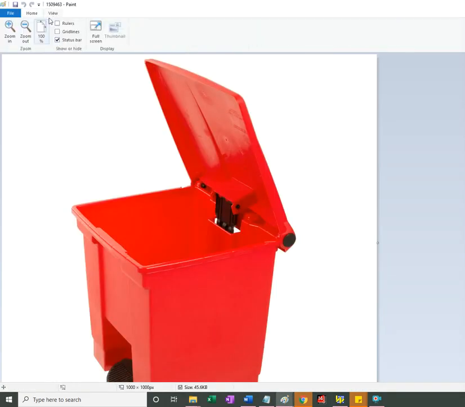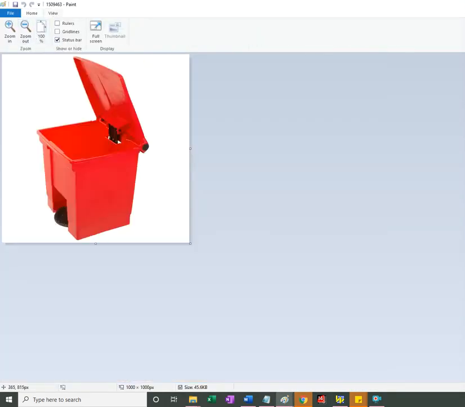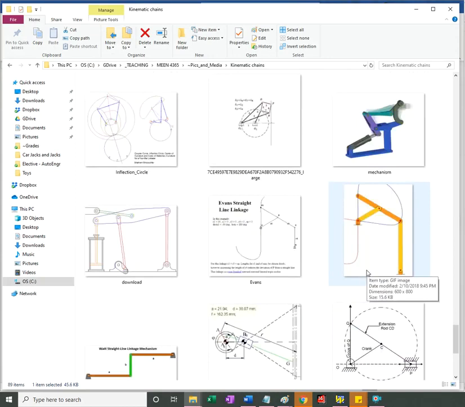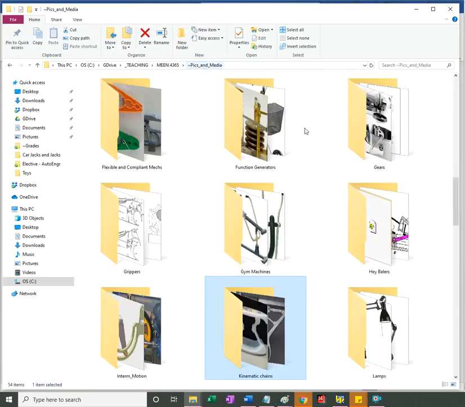For sure, it's a 4-bar view where you have the pedal travel and you have the lid travel of a trash can, and there is a 4-bar inside that you would like to correlate. The pedal travel was near 90 degrees, which will be short, maybe 20-30 degrees to almost 90 degrees opening of the lid.